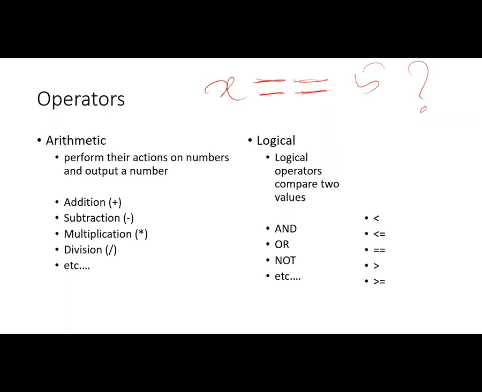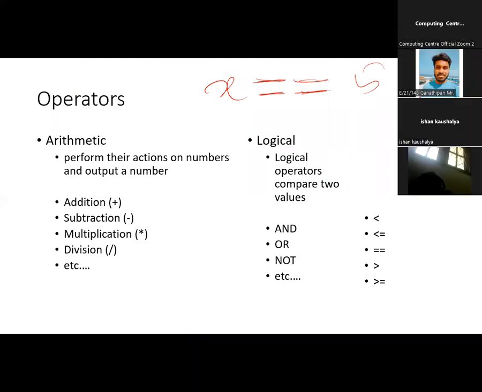That's a comparison. But x = 5 means we assign the value 5 to the variable x. This is an assignment operator.